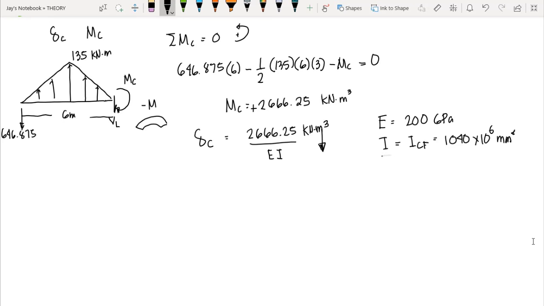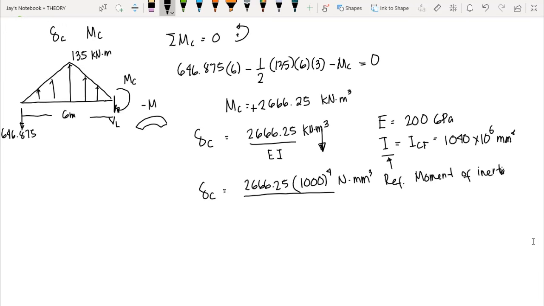This is our reference moment of inertia based on our computation in the beginning of this problem. Okay, so we have here deformation C is equal to 2666.25. Now we need to convert kilonewton cubic meter into Newton cubic millimeter, so we multiply it by 1000 raised to the fourth so that we would have Newton millimeter cubed.